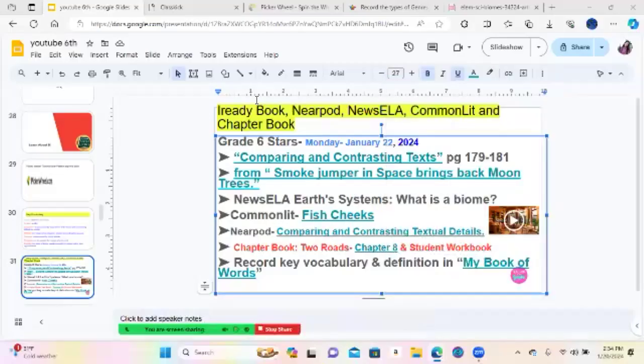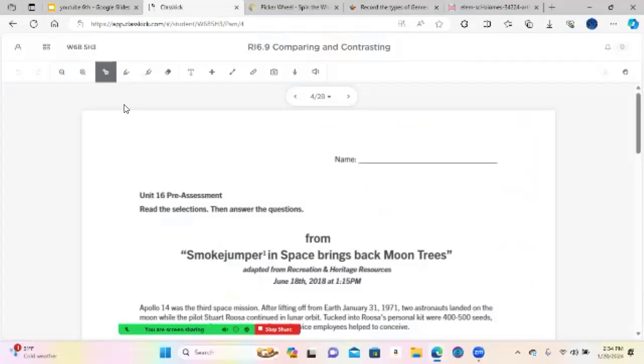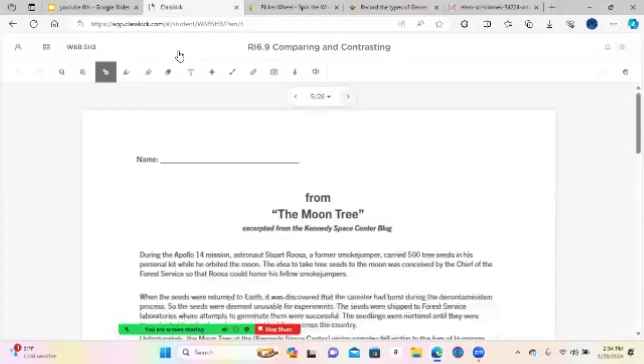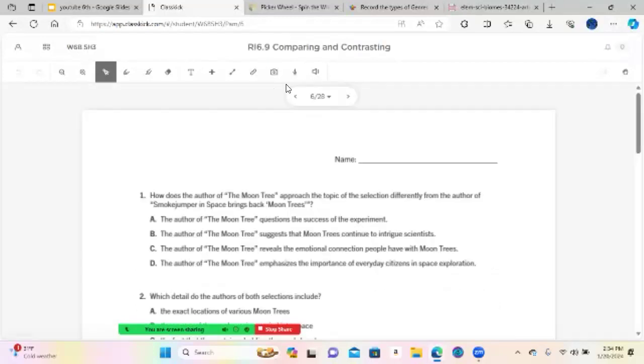So in your small groups, you're going to complete this activity where you're going to compare these two stories: Smoke Jumper in Space Brings Back Moon Trees, and you're going to compare that story to The Moon Tree. And then you can answer these questions that follow.